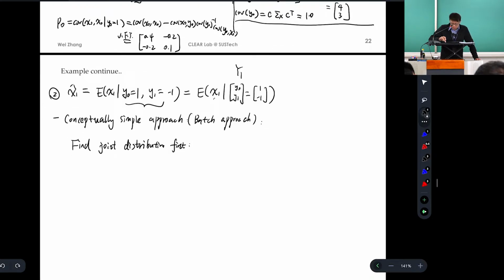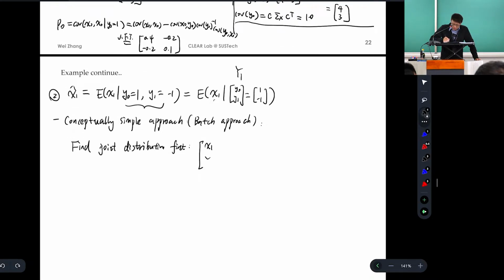So it looks like x1 and y1. This is R3. No, sorry, how many? R4, right? This is two-dimensional, this y1 is 2, this is 4, right? But partition-wise, I will call this x1, y1. I assume this is jointly Gaussian, by the way. So this will be Gaussian, with mean the expectation of x1 and the expectation of y1, right?